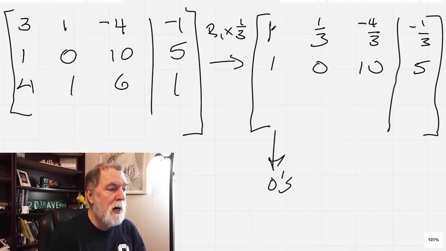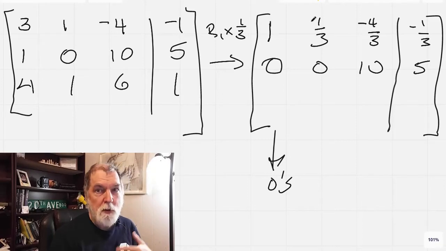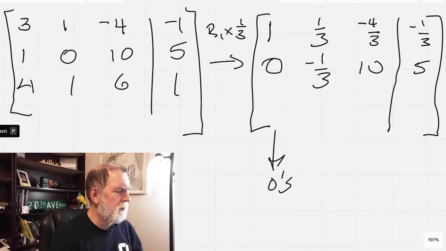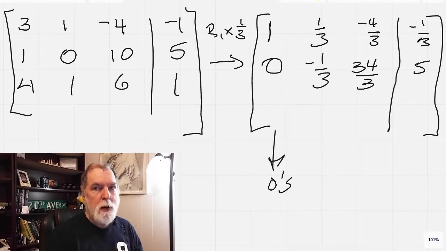So 1 minus 1, that's 0. 0 minus a third is negative 1/3. 10 minus 4/3 is going to be 30/3 minus 4/3, 34/3. And 5 minus 1/3 is 16/3.